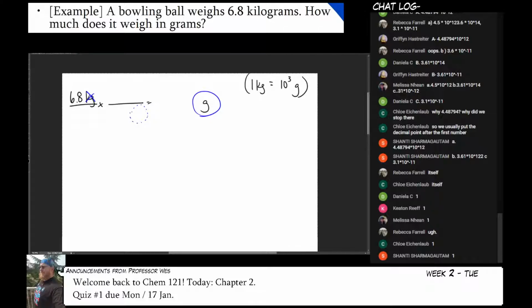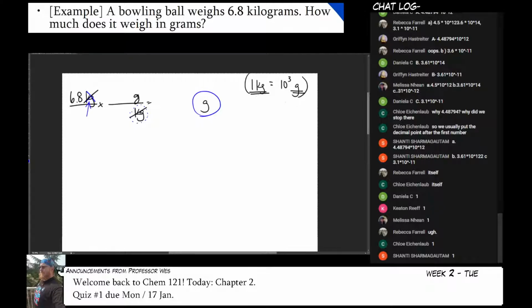Well, it's got to be this kilogram, right? So if I put kilograms down here, and then I'll put the other unit on the other side, these would then cancel, and I would be left with grams. So that's how the units work out.